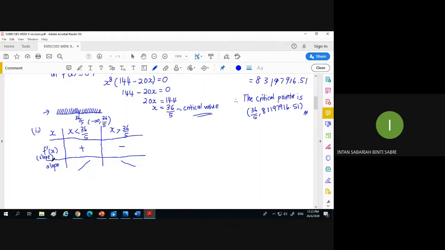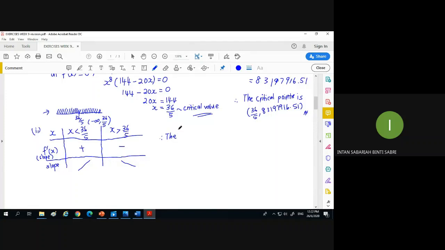So what can you conclude here? What say you? What is the nature of the function? This is the maximum, this is the minimum, this is increasing and then we have decreasing.